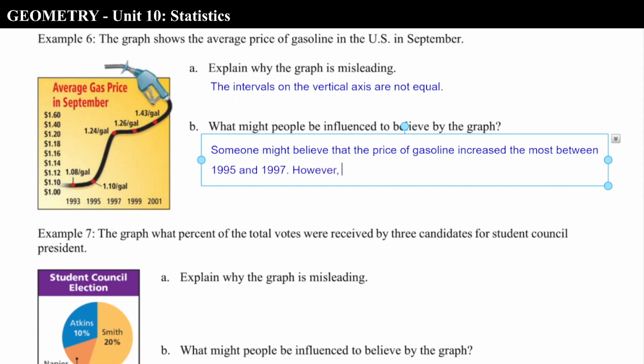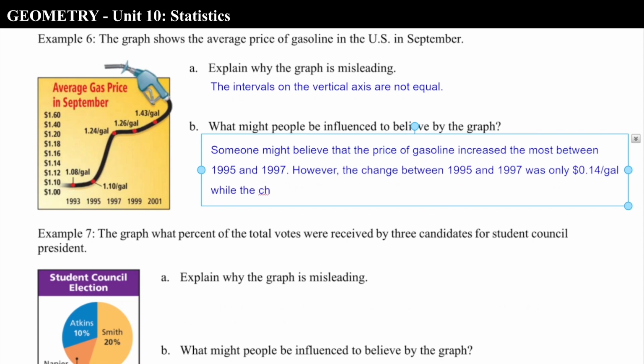However, the change between 1995 and 1997 was only 14 cents a gallon, while the change between 1999 and 2001, which looks much smaller on this graph, was 17 cents a gallon.